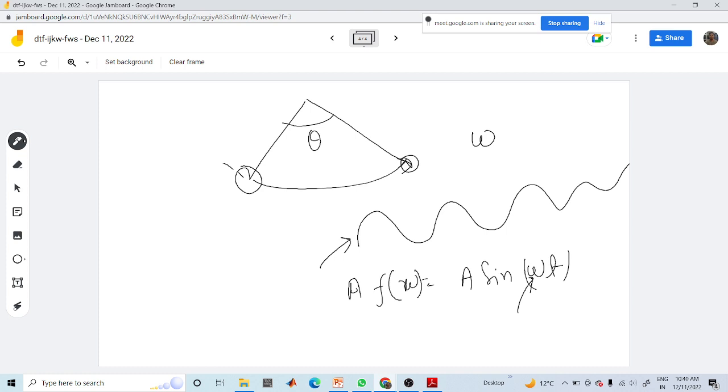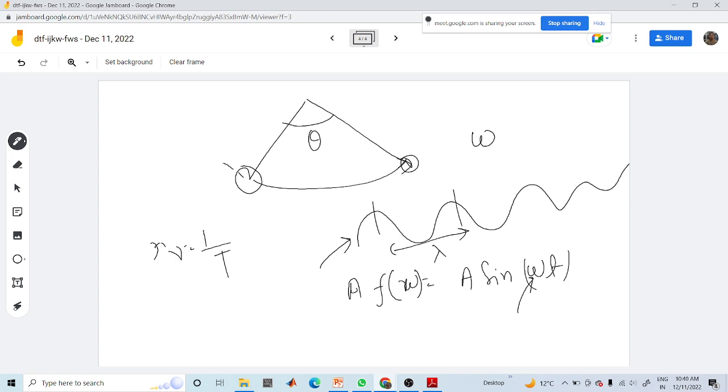So this sine wave has a frequency. This length to this length is lambda. And what is the frequency? Frequency is 1 upon T, the time period.